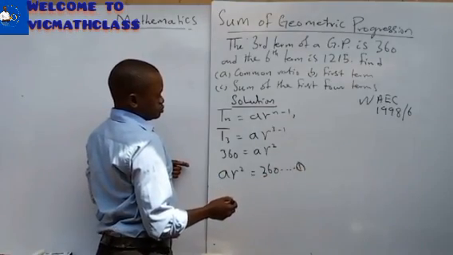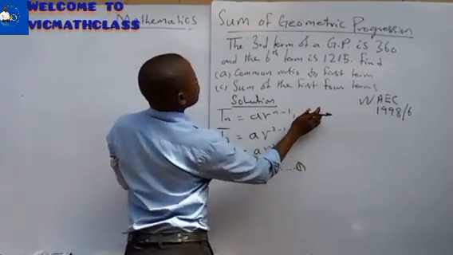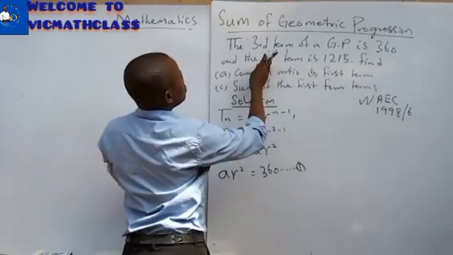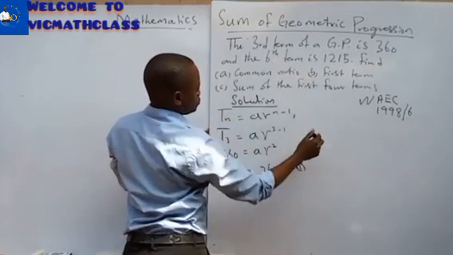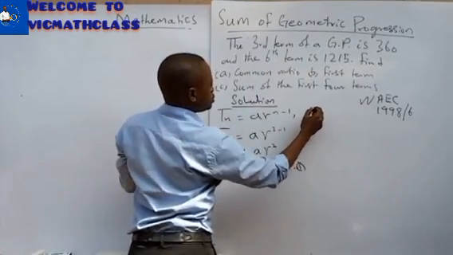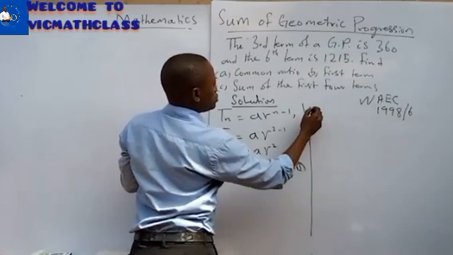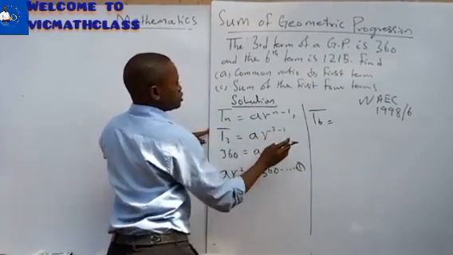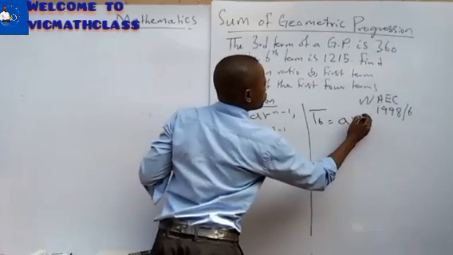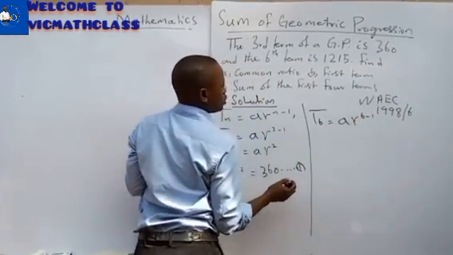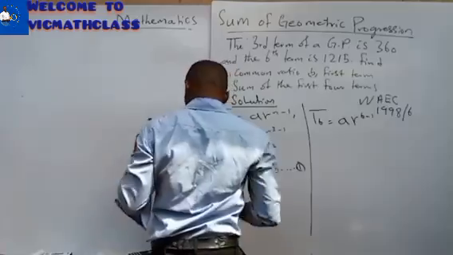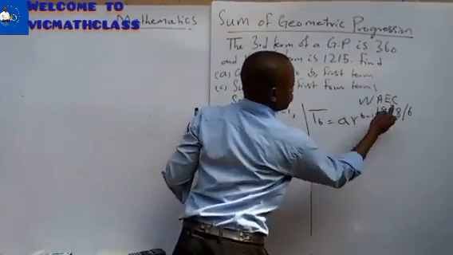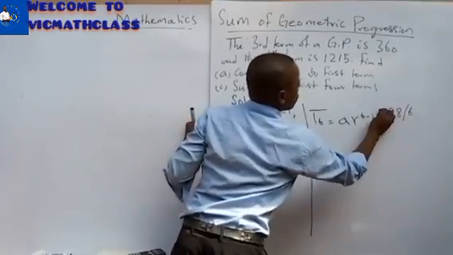So I will again go back to generate an equation for the sixth term. I will say T6 is, from the same mathematical expression, a r raised to power 6 minus 1. You've seen that it's a WAEC exam question, you can go and check it out.